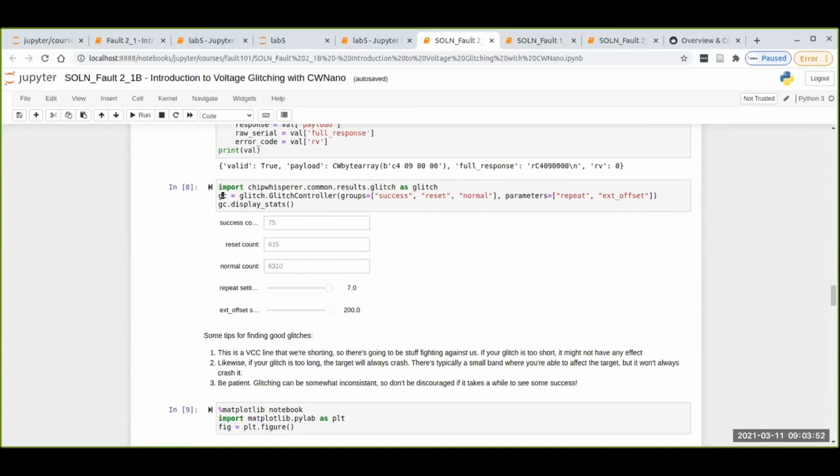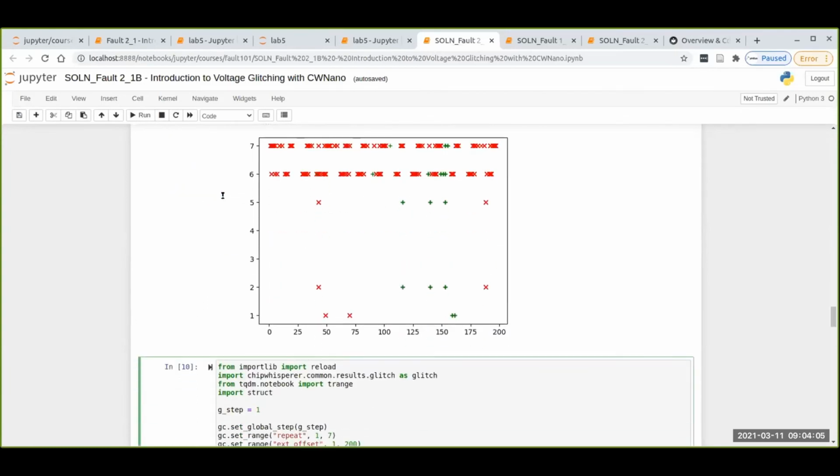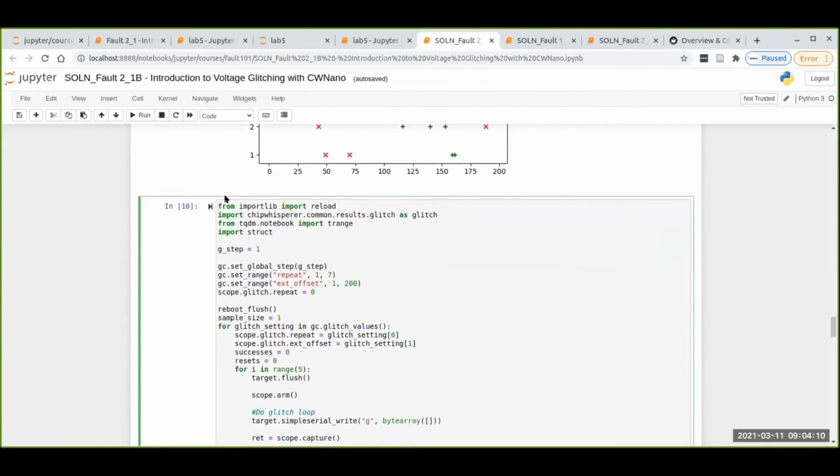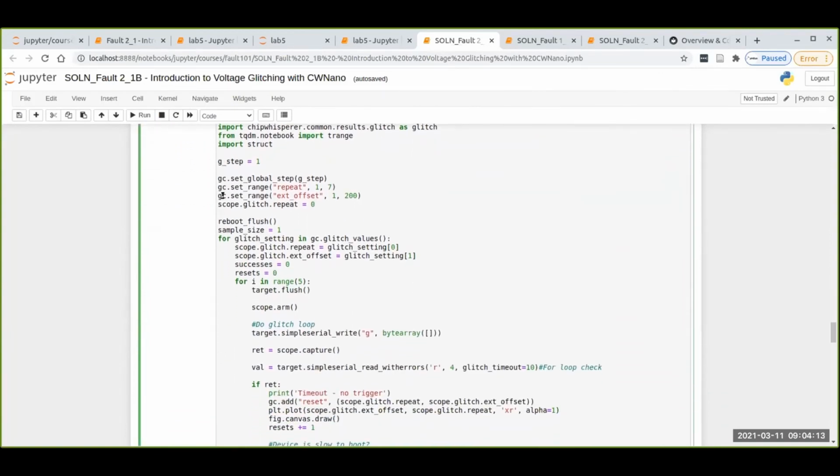What is the y-axis on that plot? You're supposed to tell me that, Peter. It's got something about external offset, but I don't know what that means. Glitch setting, I'm kind of missing something here. There's a range. It says repeat. I see there's an external offset that goes from 1 to 200.